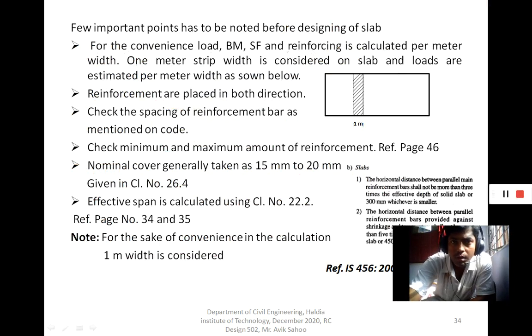A 1 meter strip width is considered on the slab, and loads are estimated per meter width as shown below. So you see that the load, bending moment, shear force and reinforcement are calculated per meter width.